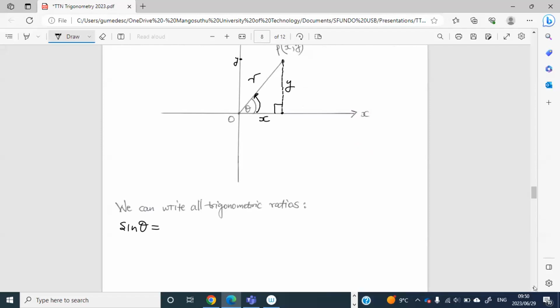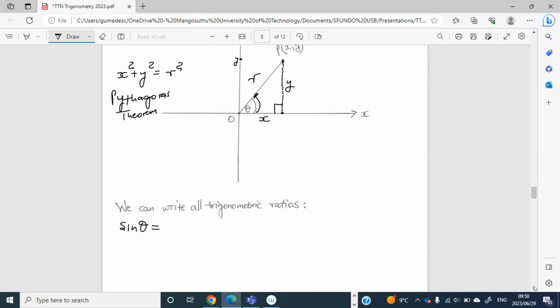I hope you remember the theorem of Pythagoras: if you've got a right-angled triangle, we can always find the length of the hypotenuse once we know the other two sides, like saying x squared plus y squared is equal to r squared. You can use this Pythagoras theorem as long as we have the right-angled triangle.